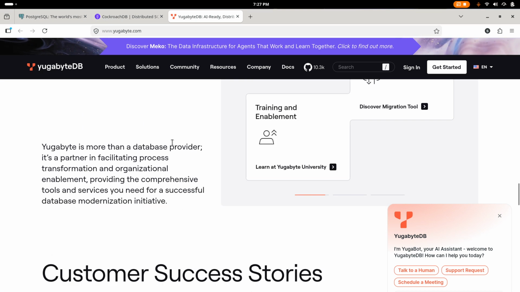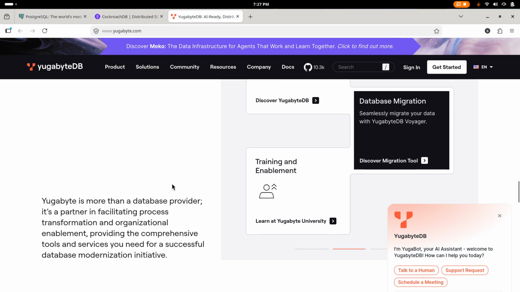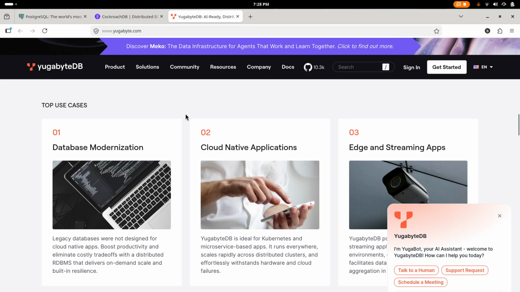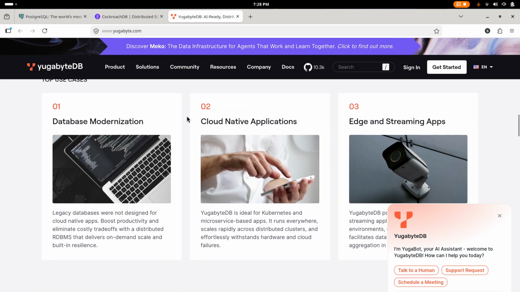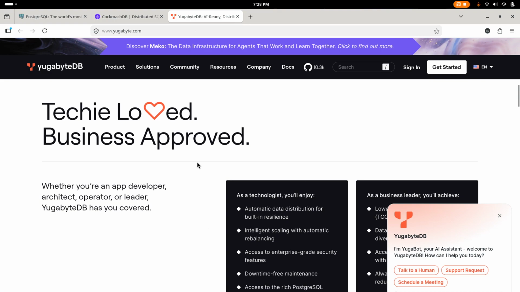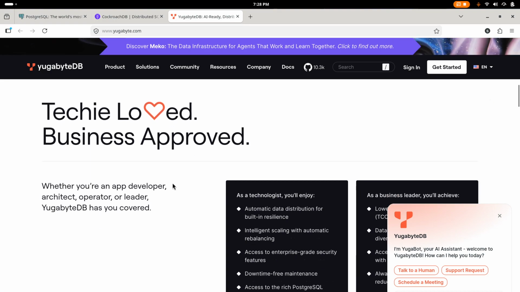Yugabyte did a very smart thing by taking the entire source code of PostgreSQL. So they essentially got the database for free. All the different attributes, query parser, optimizer, and everything they got for free. And they just changed the storage engine and transactions and everything they implemented on RocksDB.